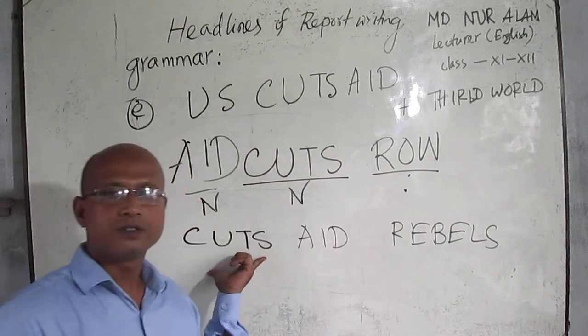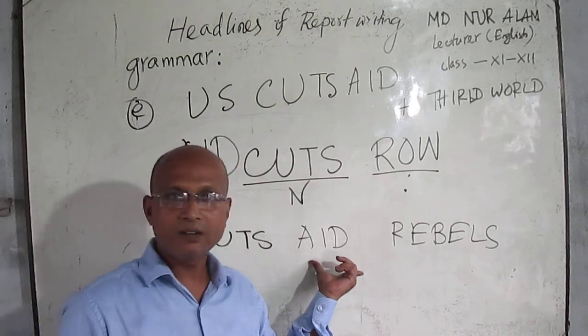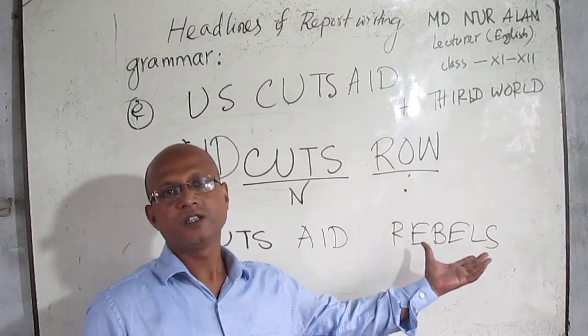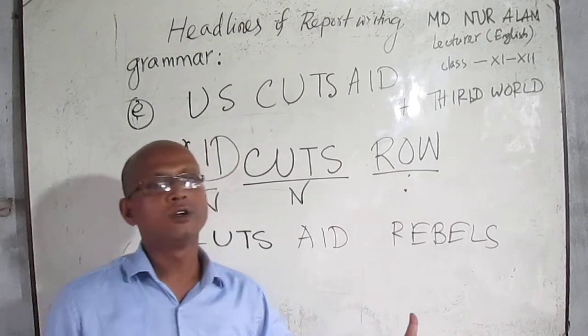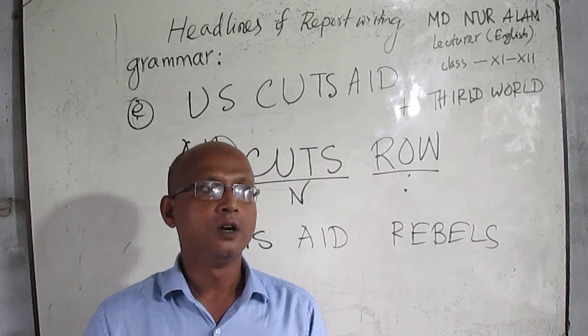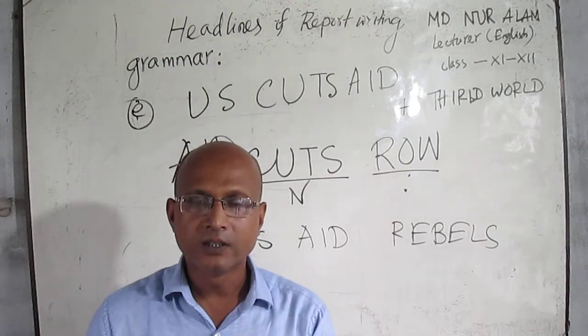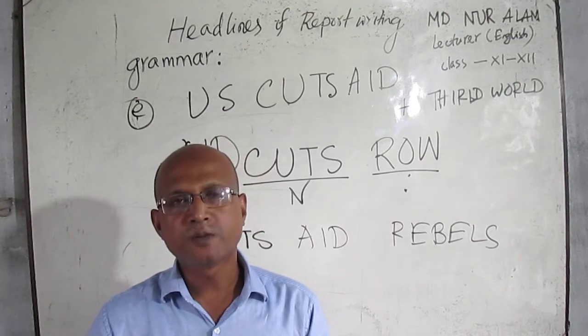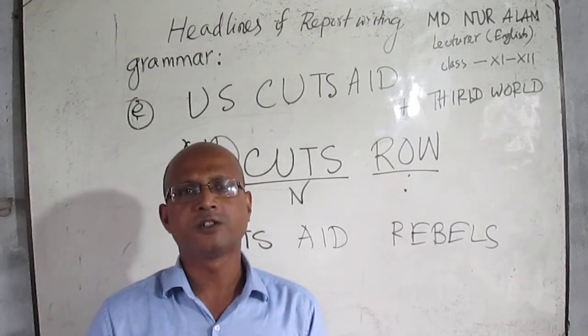Cuts means reduction, aid means help, and rebels are people who do not like to follow the rules and regulations of a particular society or country. So those people or groups are called rebels.